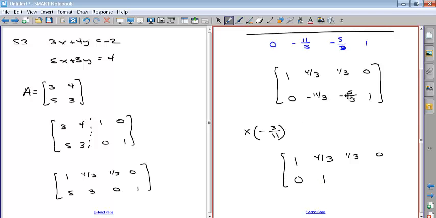Then I multiply this one, so negative times negative is positive. You'll have 15 thirds, so you'll have 15 in the numerator divided by 33 in the denominator. 11 times 3 is 33, and this will be a -3/11. So -3/11 times 1 is -3/11.